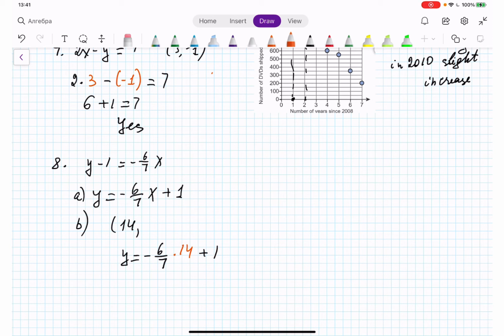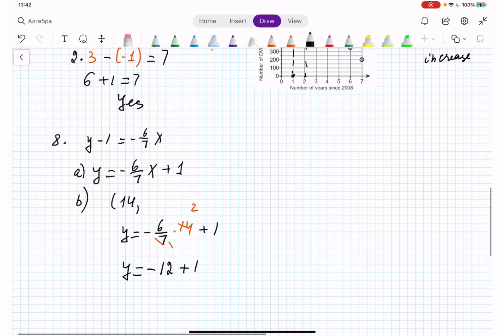So here it's going to be 1 and 2. Negative 6 times 2 is negative 12 plus 1. And we are getting negative 11. So the answer here is going to be negative 11. All right.